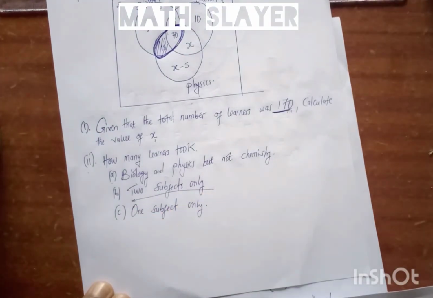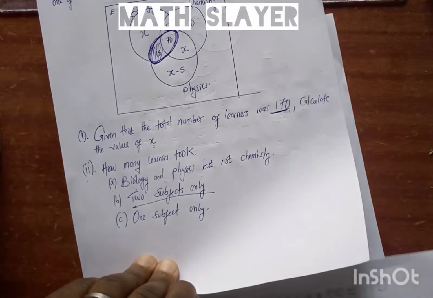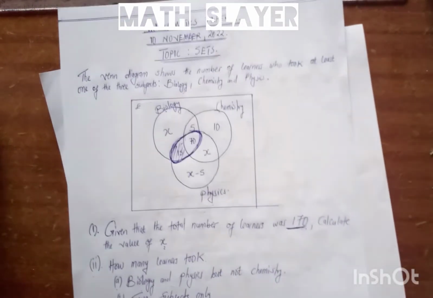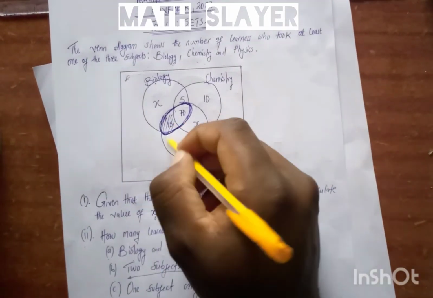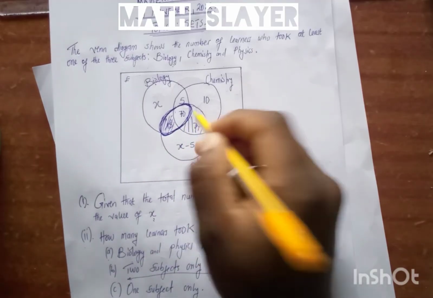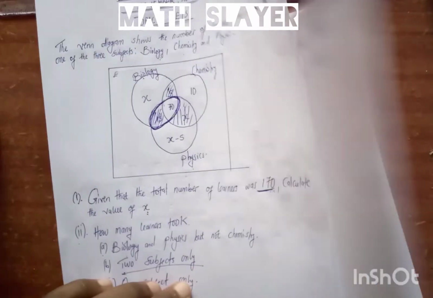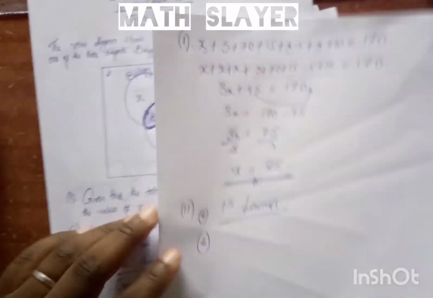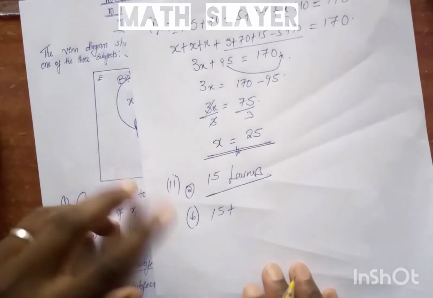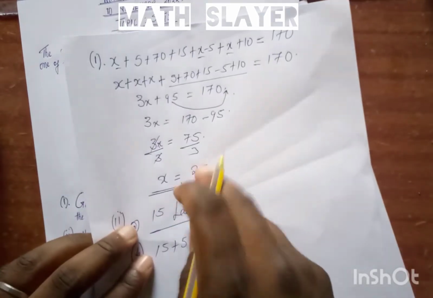In the previous video, I explained how to identify 2 subjects only, how to identify 1 subject only, and how to identify all the subjects. For 2 subjects only, we are talking about this 15 which I've shaded here, also this x which is here, and then this area where 5 is. So we add 15 plus 5 plus x, of which x is 25.